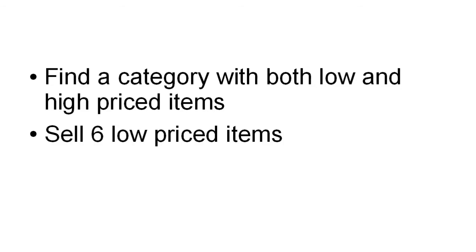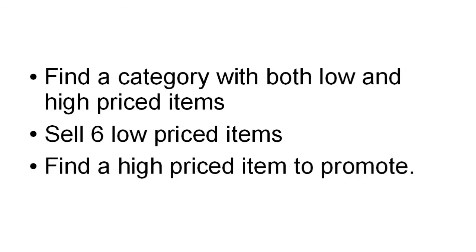Then you want to sell 6 low priced items, because obviously lower priced items are going to be easier to sell than higher priced items. And then when you've been moved up into the next percentage, you can find some high priced items to promote and get the larger commission. So there you go, 2 ways that you can really clean up from making a small percentage on high-priced items on Amazon.com.